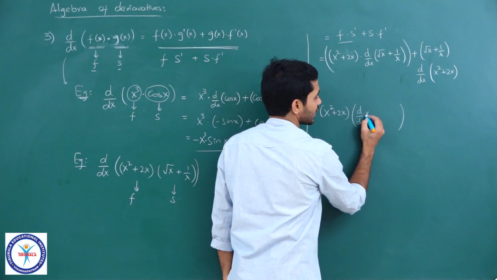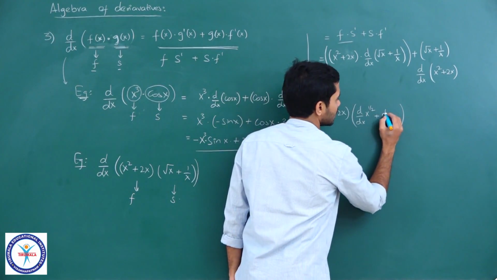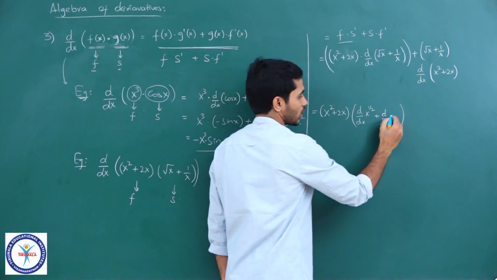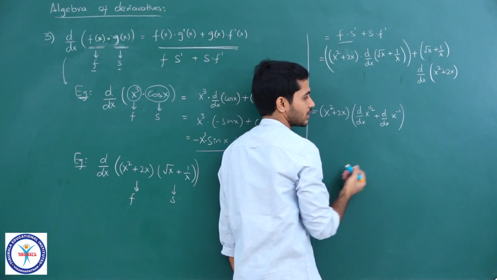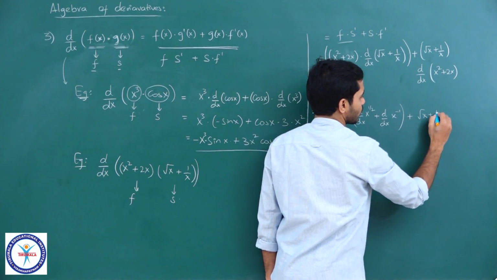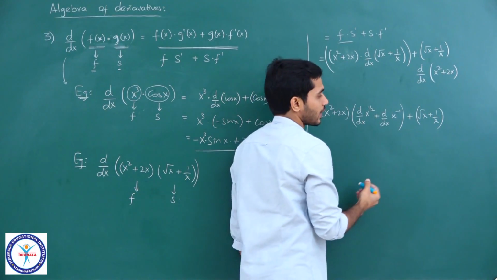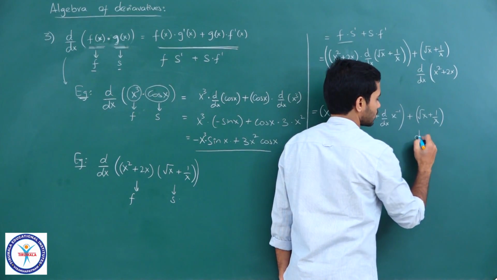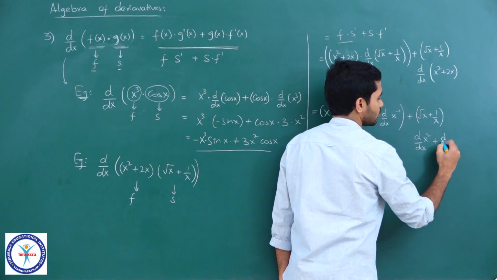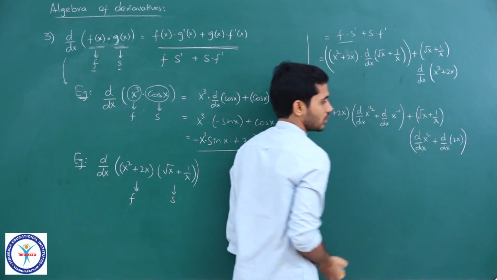Root x is nothing but x power 1 by 2, correct, plus this would be d by dx of 1 by x, which is nothing but x power minus 1. So, x power minus 1, correct, plus this is as it is. So, root x plus 1 by x into this one, derivative of x square plus 2x. So, d by dx of x square plus d by dx of 2x, correct, students, right.